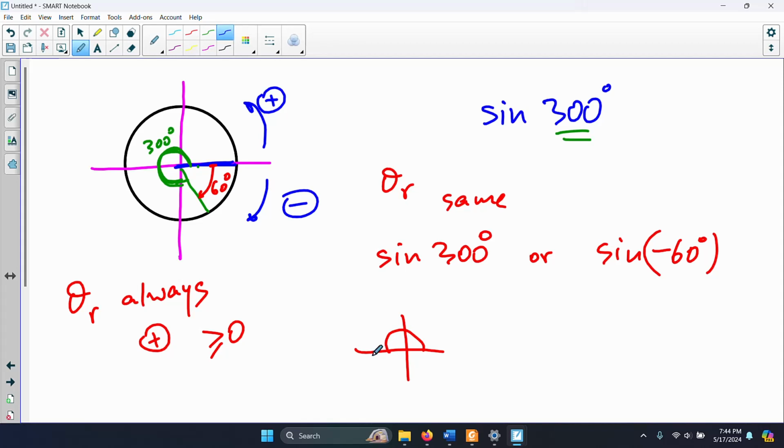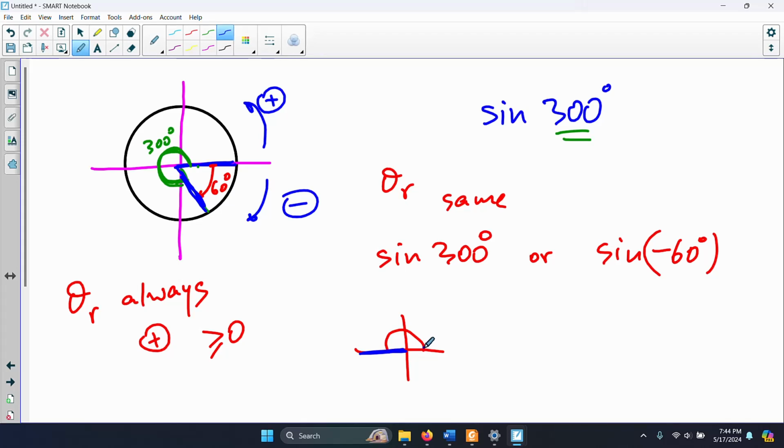Well, another way of thinking about the reference angle is: what's the angle made by the terminal side, where you end up, with the nearest x-axis? So in this 300 case, the terminal side ended right here, and the angle between the nearest x-axis and this terminal side is 60 degrees.